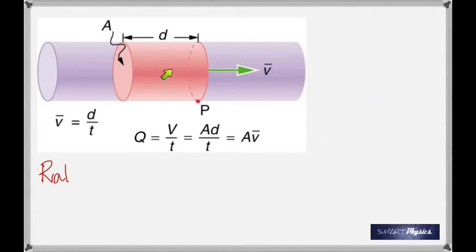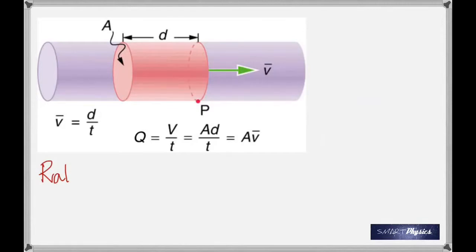How do you find the volume of that cylinder? How do you find the volume of a cylinder? Area times the length, which is d in this case. So A times d will give you the volume. And if you divide it by time, what do you get? You will get the volume flowing in 1 second.